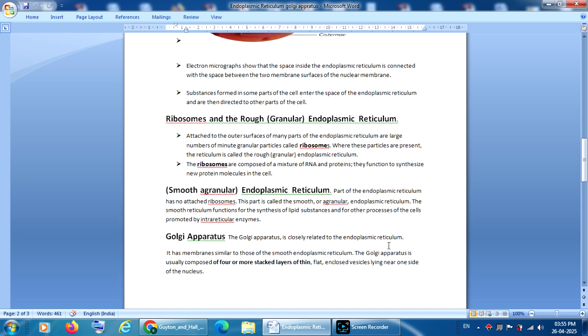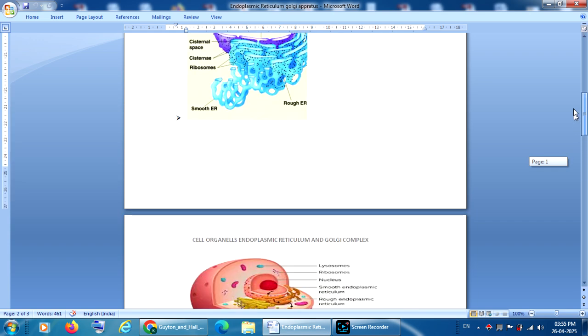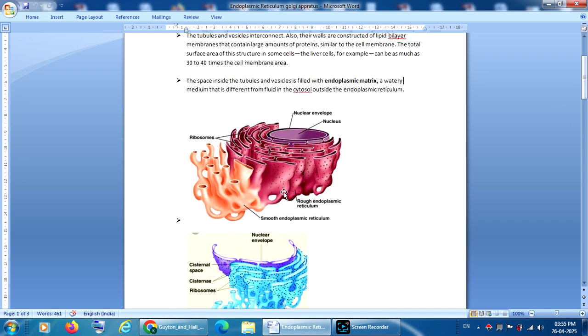So here we see two types of endoplasmic reticulum, one is rough or granular endoplasmic reticulum, and one is smooth or agranular endoplasmic reticulum. In the rough type, ribosomes are present. These ribosomes have RNA and help in the production of new protein molecules in the cell.